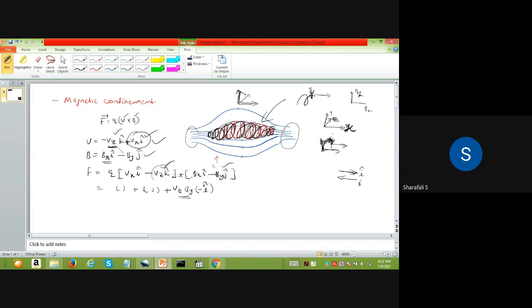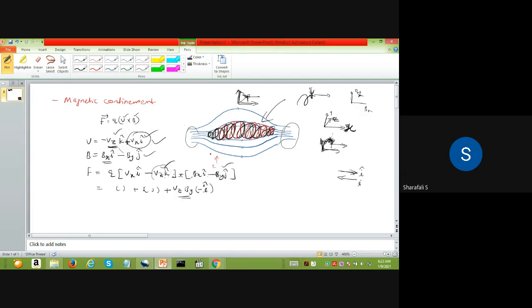Then we have the particle somewhere here, and its velocity is in this direction. It will have that Z component as well, because it is helical.